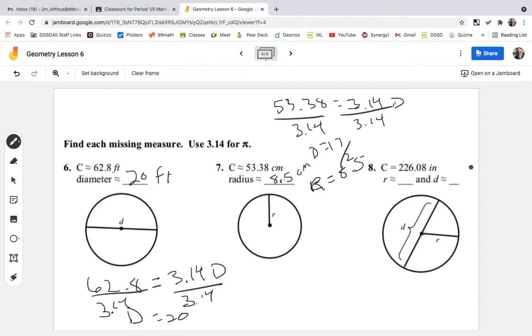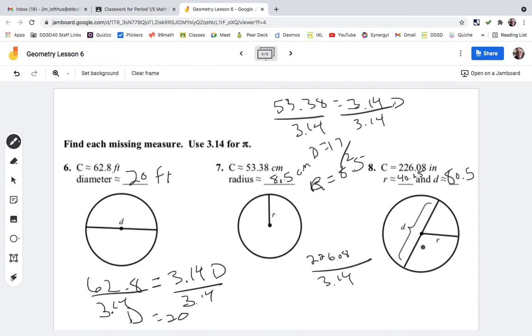And this one, we're going to need both of them. 226.08 divided by pi. 226.08 divided by 3.14 is 80.5, so the diameter is 80.5, and if we cut that in half, we get 40 and a quarter, 0.25.